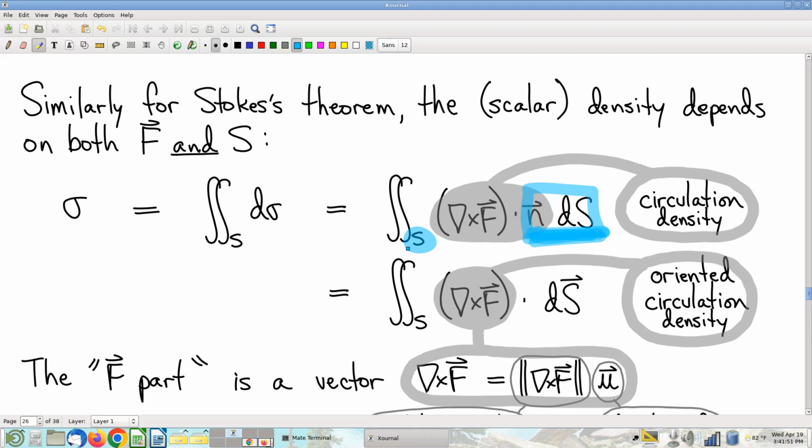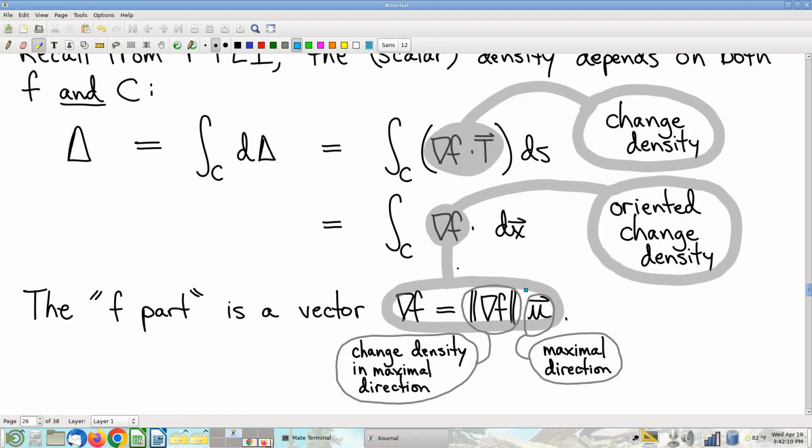How is that piece of area sitting in space, by what little unit vector is it perpendicular to? So both of these little pieces of information are telling me about the same little piece of size, and thus I like to group these together as the ds vector. Totally analogous to up here, I like to group these together as the dx vector.